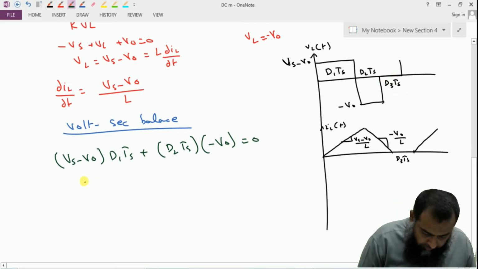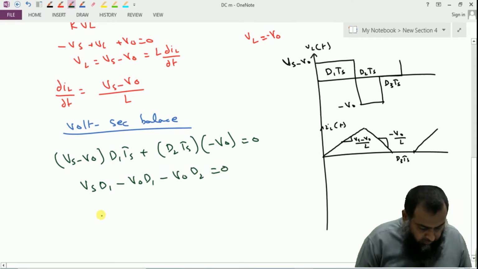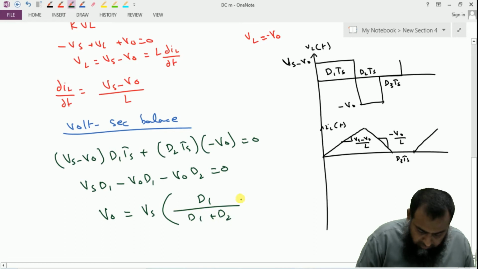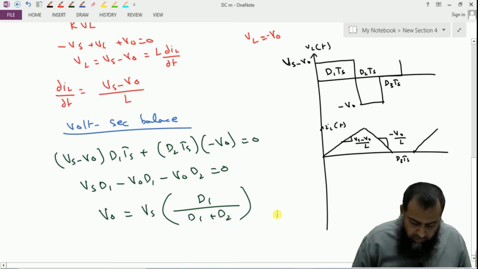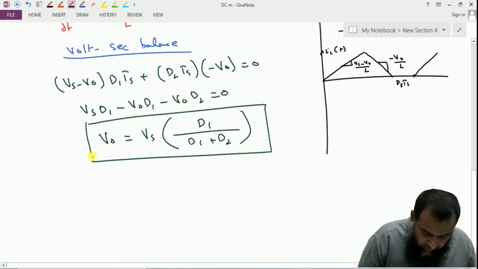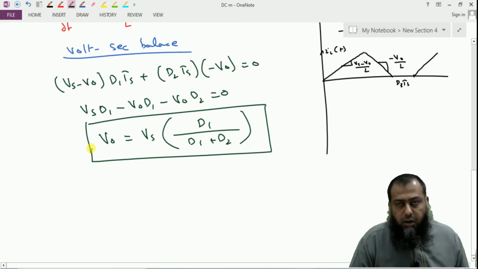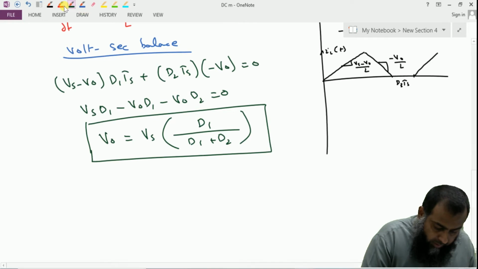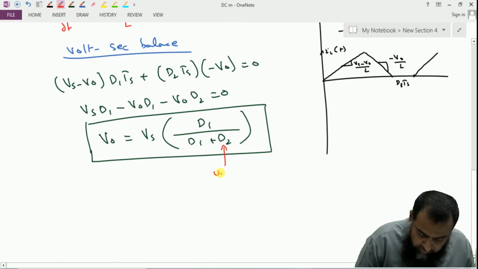Ts cancels, so we are left with Vs D1 minus V naught D1 minus V naught D2 equal to 0, and using this we have V naught equal to Vs times D1 divided by D1 plus D2, right? So this is the transfer function of the buck converter operating in a discontinuous conduction mode. Here we have a very important point, that the value of this D2 is unknown.